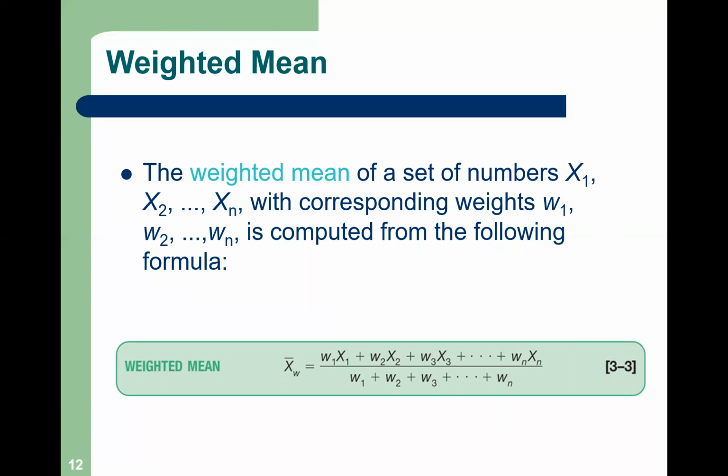So value 1 multiplied by the weight of that value, plus the weight of the second value multiplied by the second value, plus the weight of the third value multiplied by the third value, and so on up to n. And then we divide by the sum of the weights: weight of first value plus weight of second value plus weight of third value, and so on. So here we multiply the weight of each value and sum all these, and then we divide by the sum of all the weights.